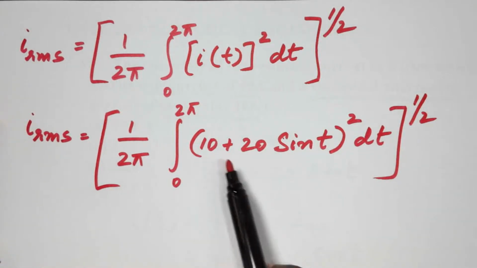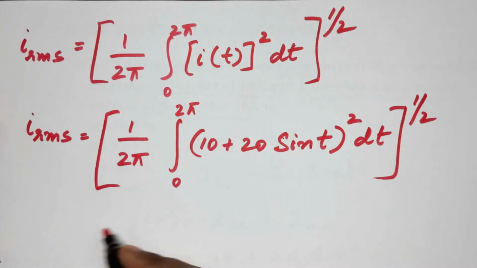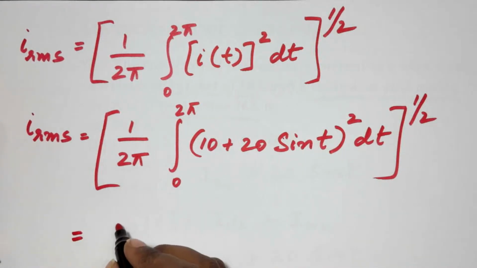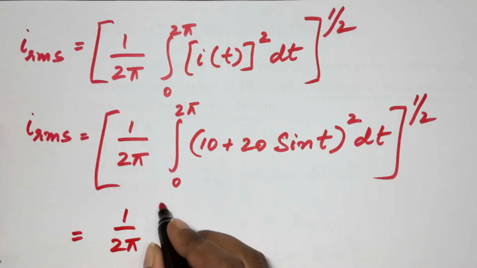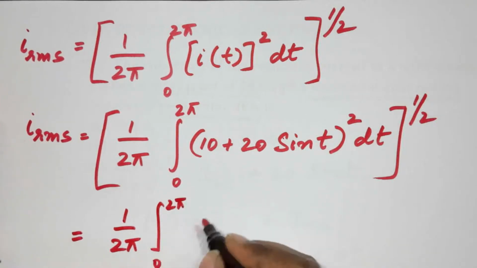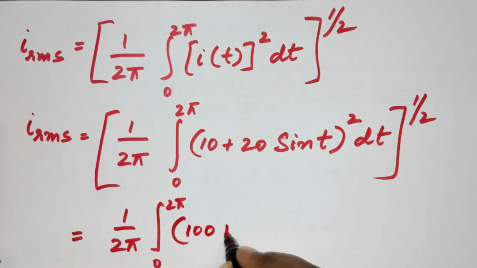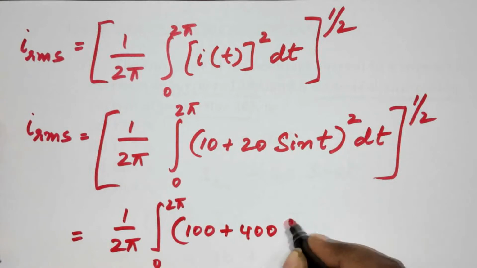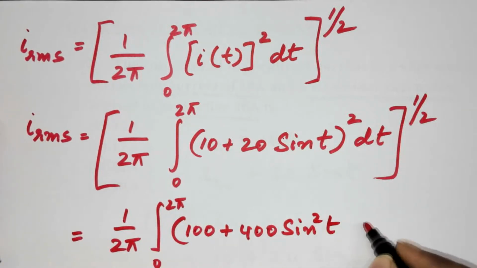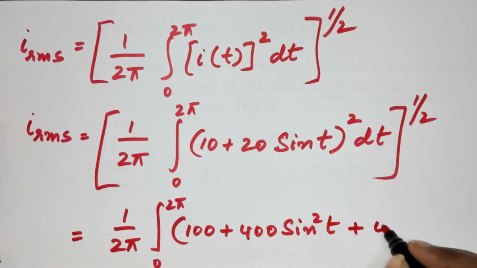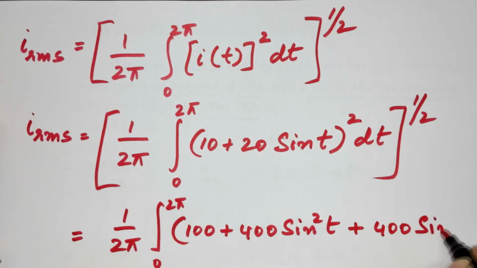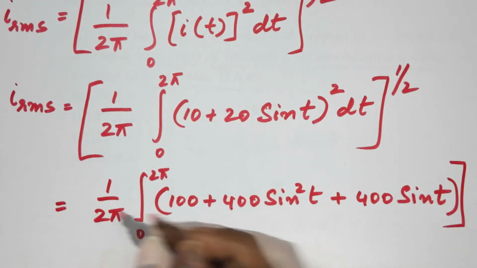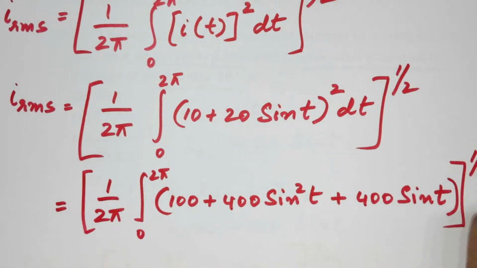Now let's expand this expression, 10 plus 20 sin t whole square, okay? So that's our next step. That's 1 by 2 pi integral 0 to 2 pi. Let's see now, this is 100 plus 400 sin square t plus 400, and this entire part is under square root.